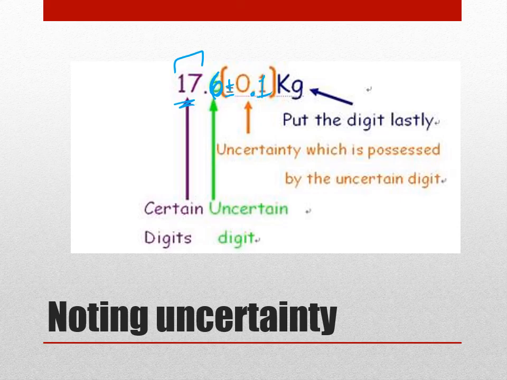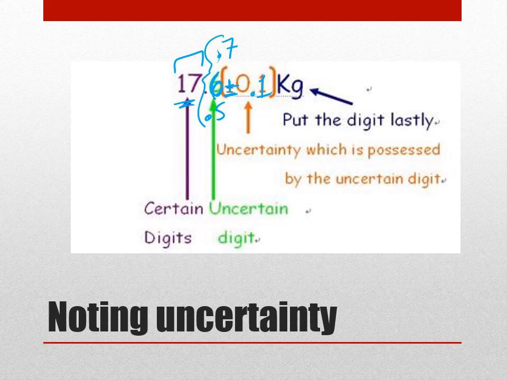So 17.6 plus or minus 0.1 of a kilogram is telling me that it could be 17.6, or it could be a tenth of a kilogram more, maybe up to 17.7. Or maybe it could be 0.1 less, that minus, it could be 17.5. But it's definitely somewhere in between there, close to 17.6, but somewhere between 17.5 and 17.7.